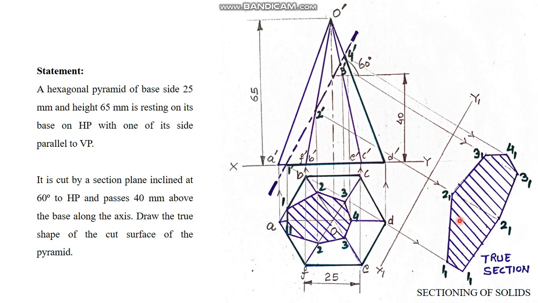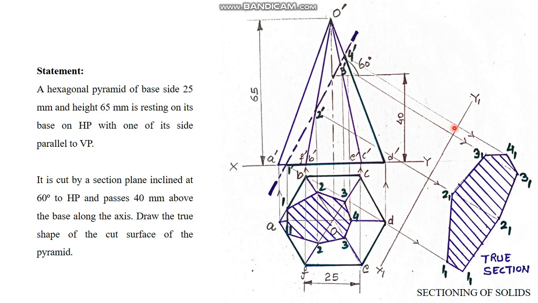Take a line x1 y1 parallel to this cutting plane line, and from these key points draw a perpendicular to this x1 y1 line, from 1 dash, from 2 dash, from 3 dash and from 4 dash.